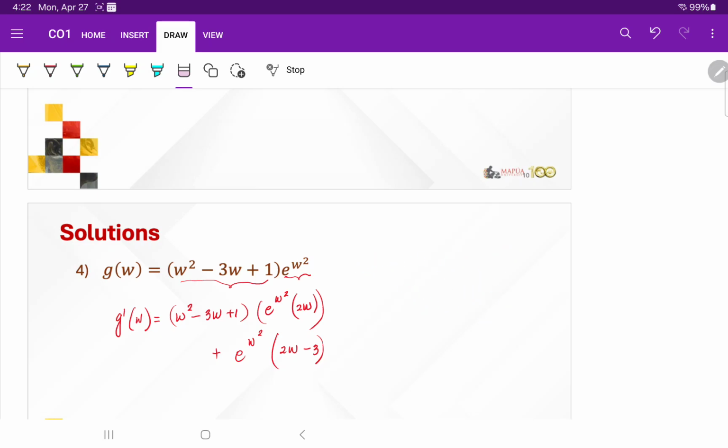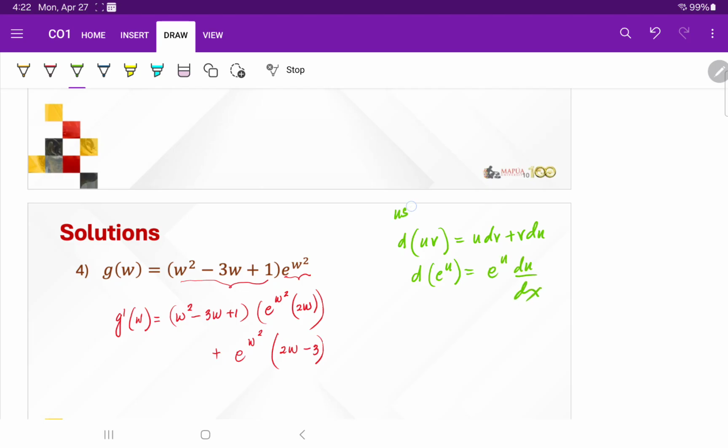Alright, so we have here to use the derivative of, okay, derivative of u times v is u dv plus v du. Then we use the derivative of e to the u, which is e to the u du dx.